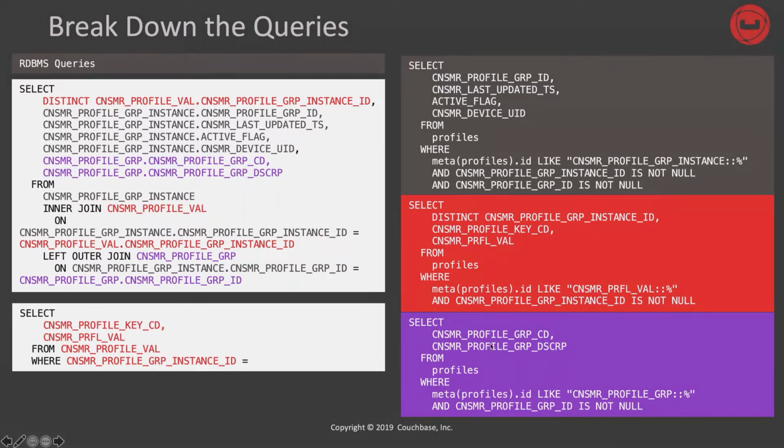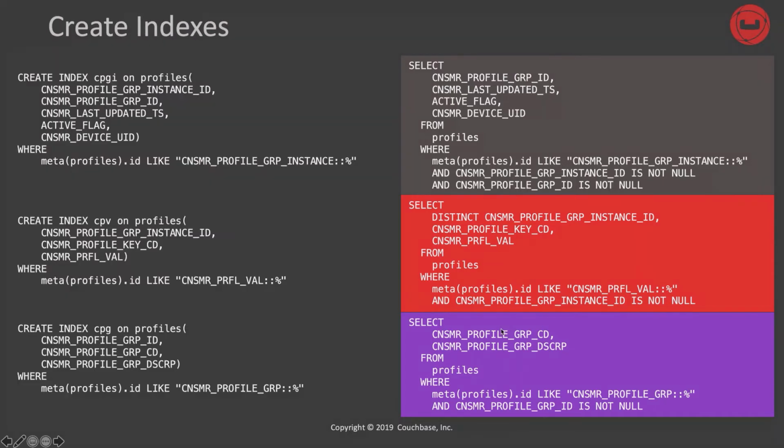And on the third one, where I'm looking for the profile group, I'm really looking at that consumer profile group ID there. The reason I did this is because this is going to tell me what indexes I need to create. And so I'm going to need to create indexes. And right off the bat, if you're doing ANSI joins in Couchbase, what I do is always start with covering indexes. It just gives you the best performance out the gate.